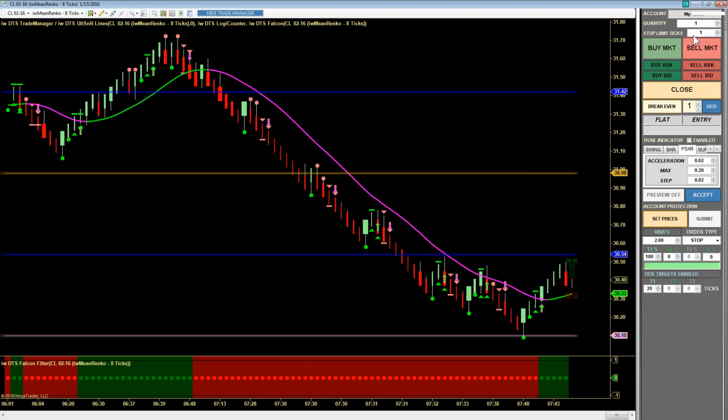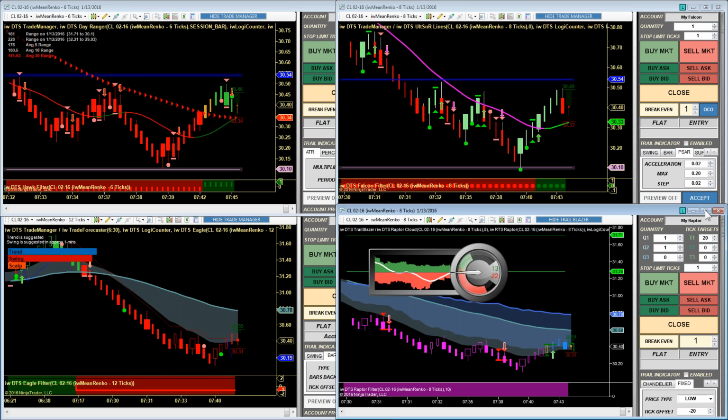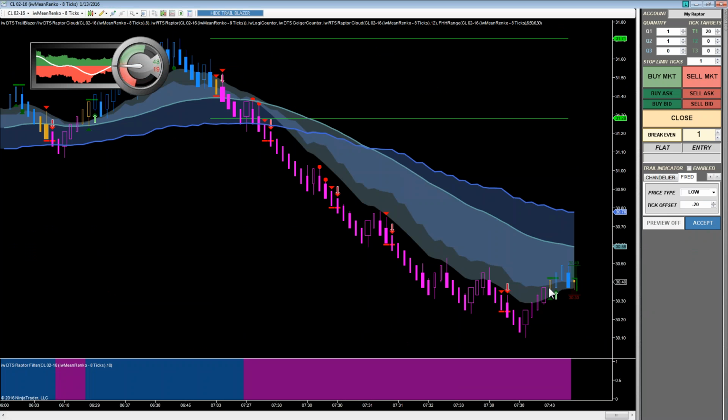If you're using the Trailblazer, the advantage to the Trailblazer is it's a one-click system. So let's say I've got my stop strategy enabled and everything, and let's say I'm going to buy. I hit the buy button, and automatically I've got my profit target, I've got my entry order, I've got my stop loss, but I need to know more or less in advance how much I can afford to risk here, right?